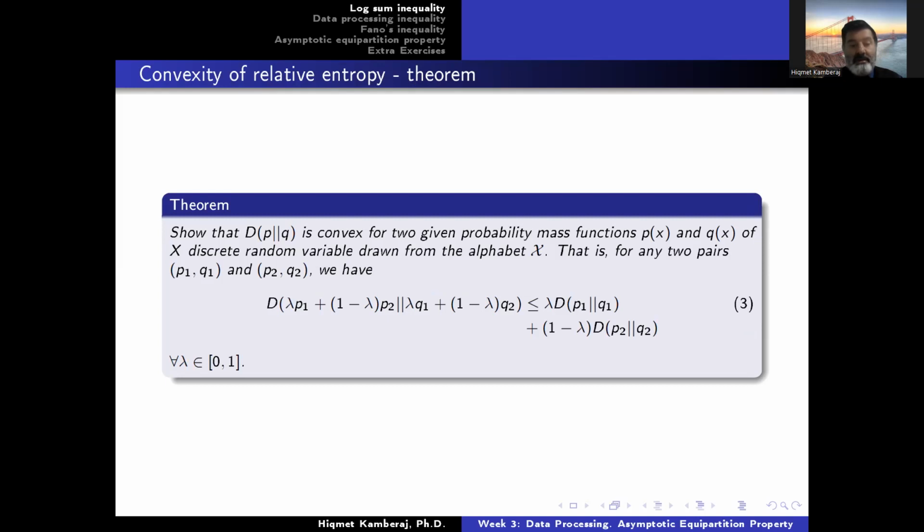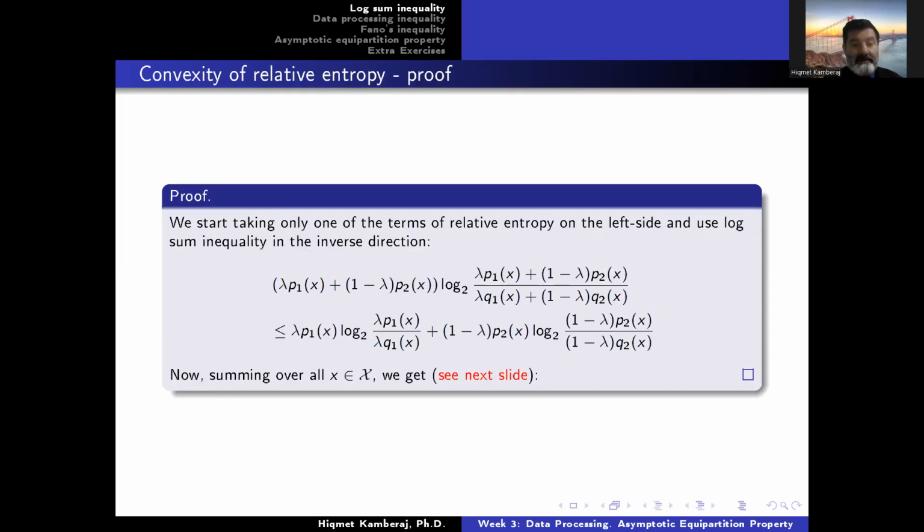That is, for any two pairs p1, q1 and p2, q2, we have this equation: D of lambda p1 plus 1 minus lambda p2 from lambda q1 plus 1 minus lambda q2 is less than or equal to lambda times the relative entropy between p1 and q1, plus 1 minus lambda times the relative entropy between p2 and q2. And this is for every lambda in the interval 0 to 1.